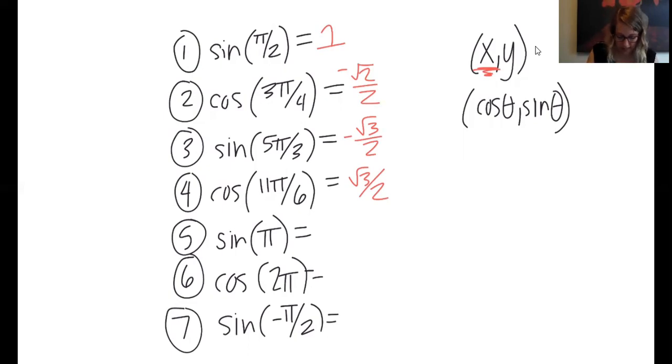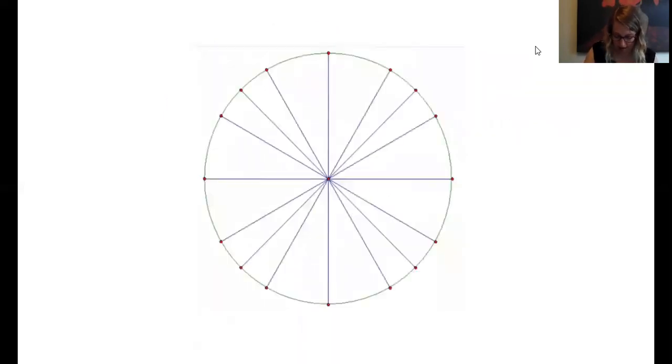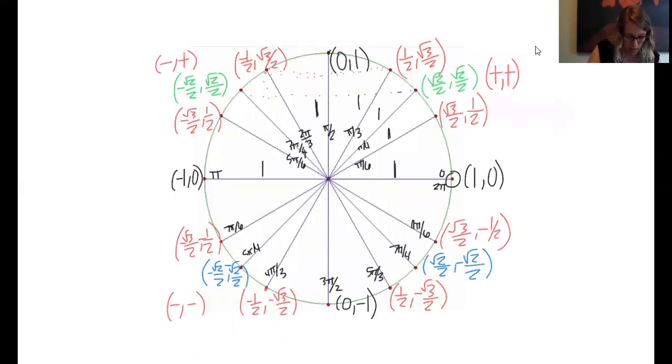All right, real quick, let's look at sine of pi and cosine of 2 pi. So if I look over here, sine of pi, pi is right there. The sine is going to be the y value, so it's 0. The sine of pi is 0. And straight across is 2 pi. This one was a cosine question, so cosine goes with x.